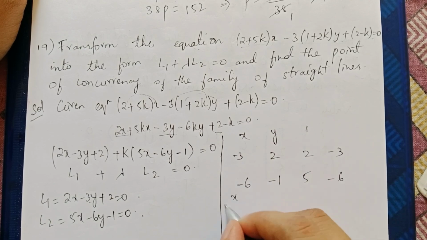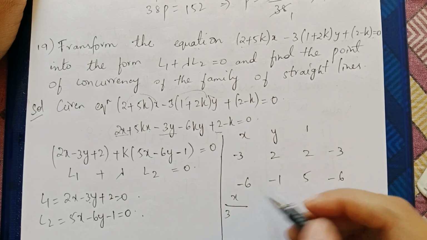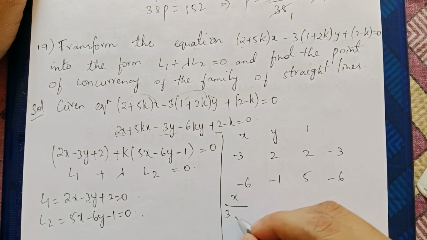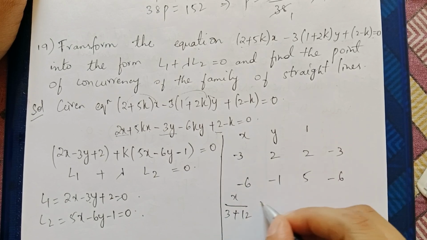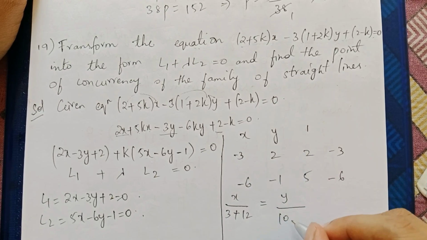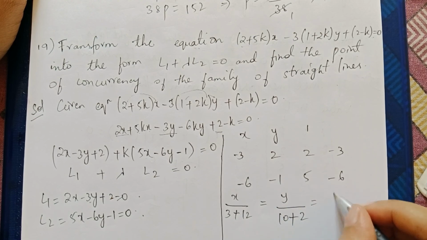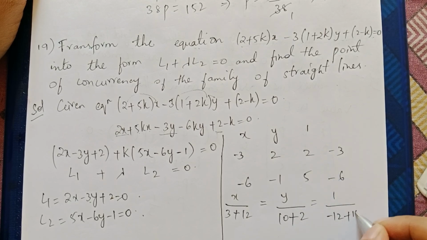So it is x by 3 ones are 3 and negatives becomes positive, minus of minus, and this also negative in middle minus is 0, so it is positive. 6 2s are 12 is equals to y by 5 2s are 10 and negative positive plus 1 2s are 2 is equals to 1 by 6 2s are 12 minus 12, and minus of minus is positive, 5 3s are 15.